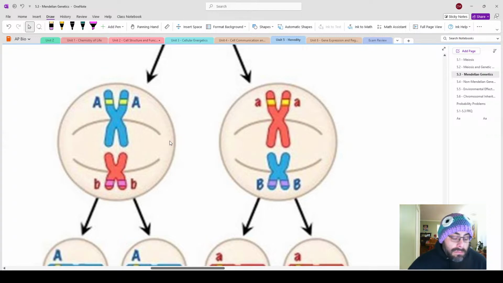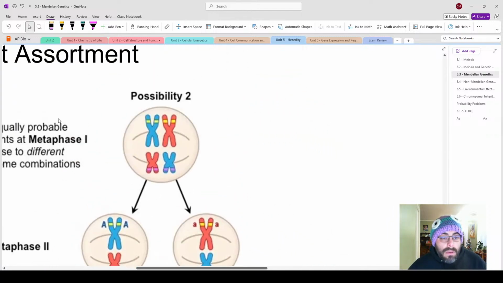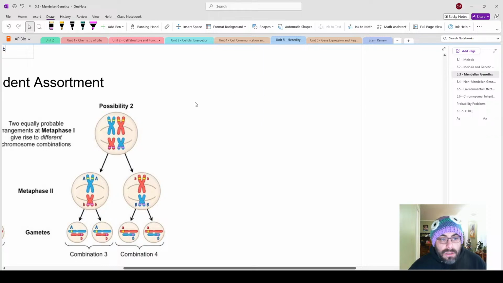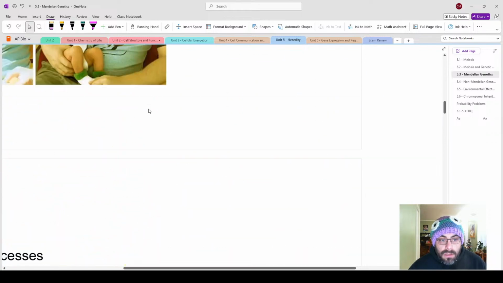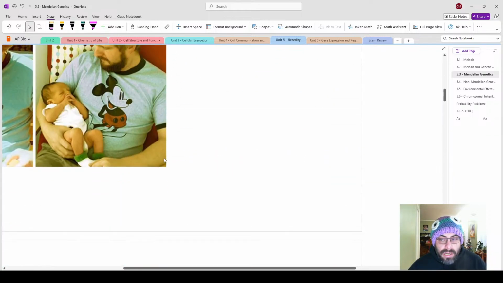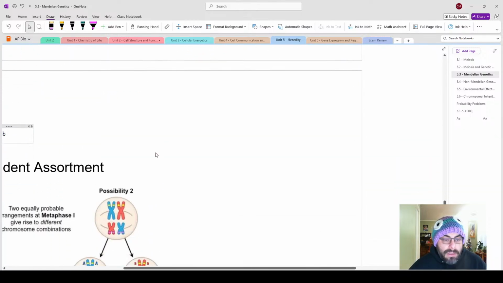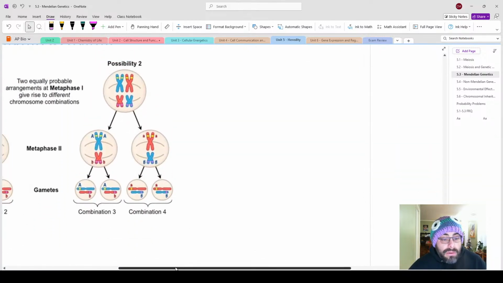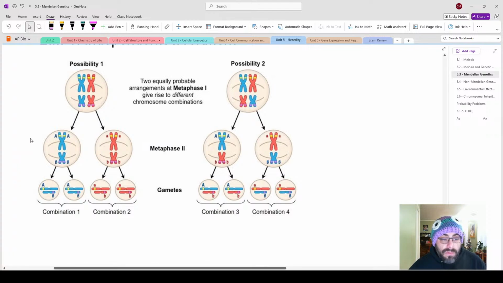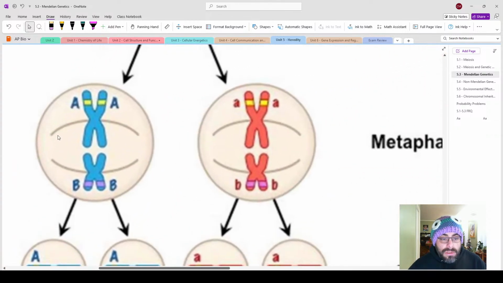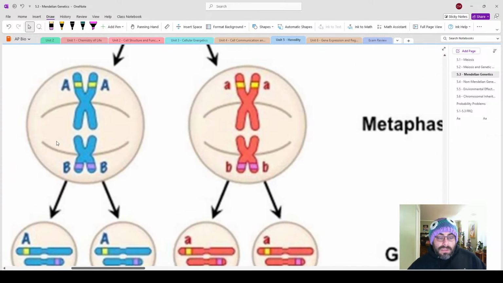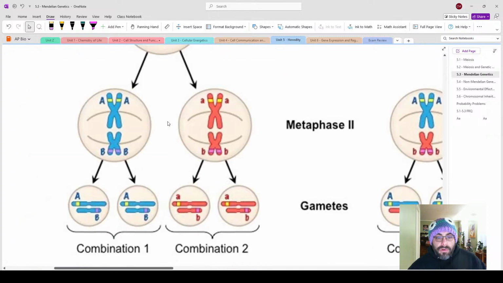And so now, this is Mendelian genetics. We learned about something where this is not always the case. This assumes different chromosomes. Notice this is a different chromosome than this, right? It assumes different chromosomes.